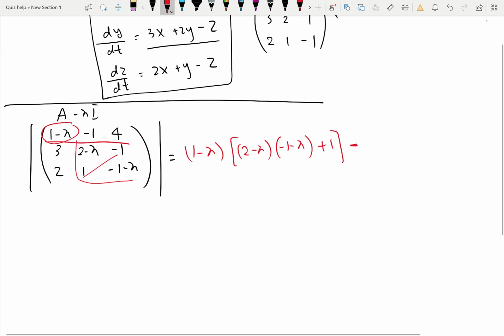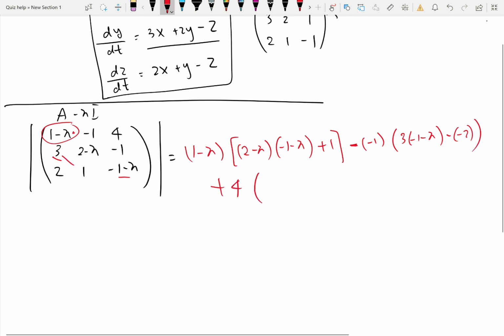Then minus, by default, times the minus 1, times the determinant of the rest of the terms: 3 times negative 1 minus lambda minus 2. Then plus, by default, 4 times the determinant: 3 times 1 is 3, minus 2 times 2 minus lambda.